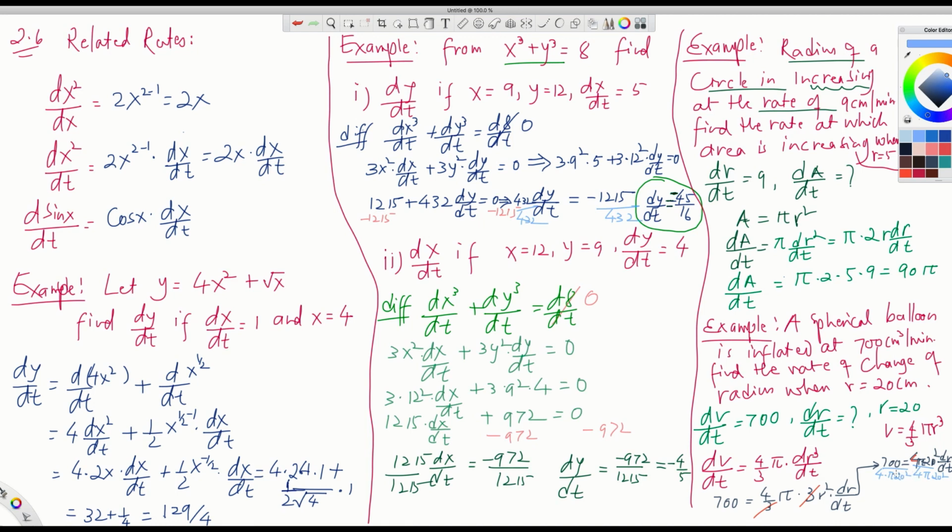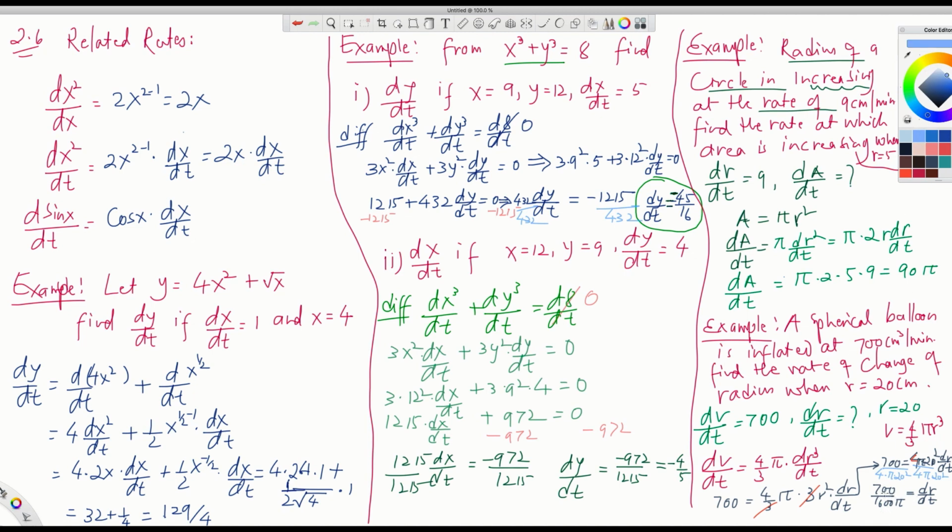So 20 squared is basically 400, right? 4 times 400 is 1600, right? So basically you will get 700 over 1600 pi equals dr over dt. So what is dr over dt? Then you divide by 100 on top and bottom.